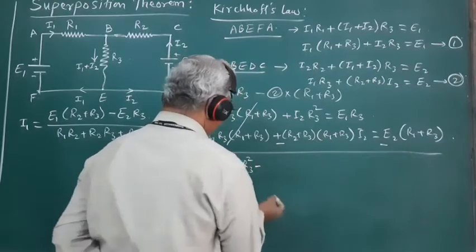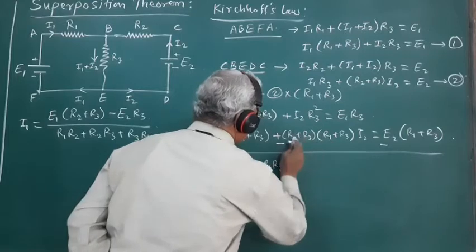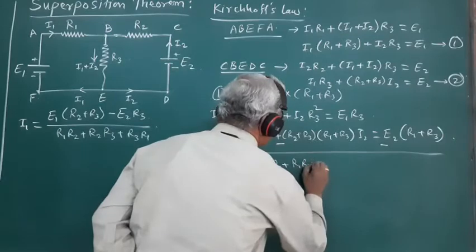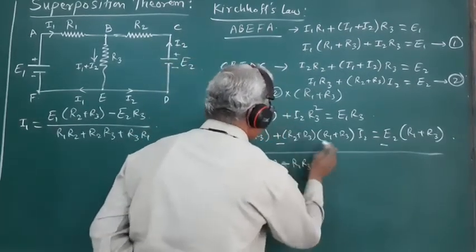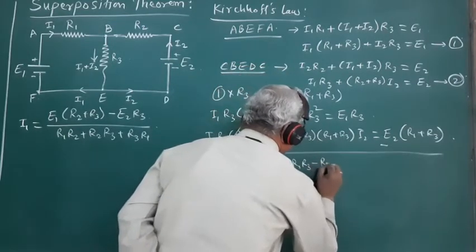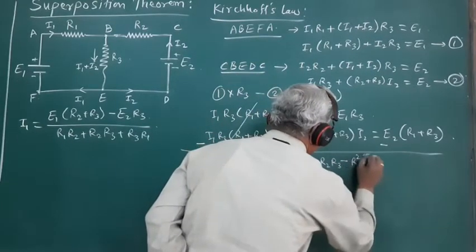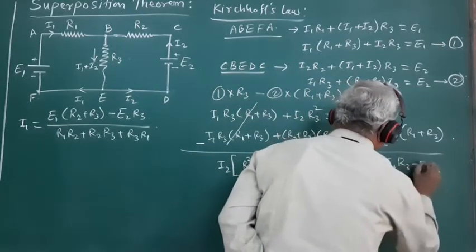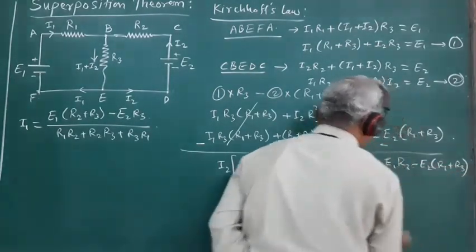And the product here will be R1 R2 plus R1 R3, it should be minus R1 R2 ... E1 R3 minus E2 in the bracket R1 plus R3.